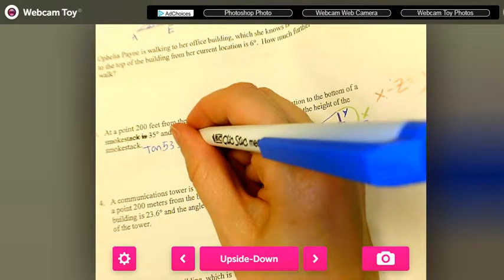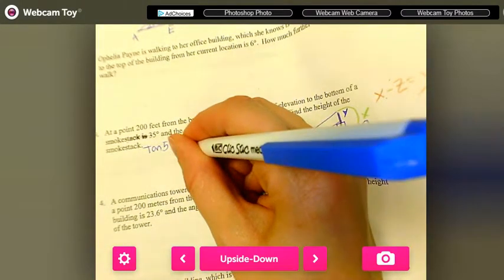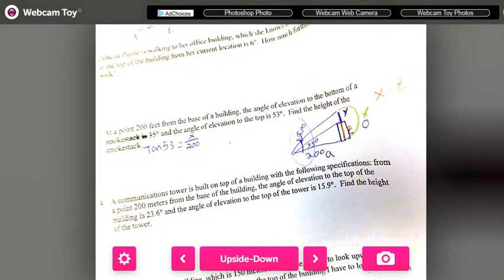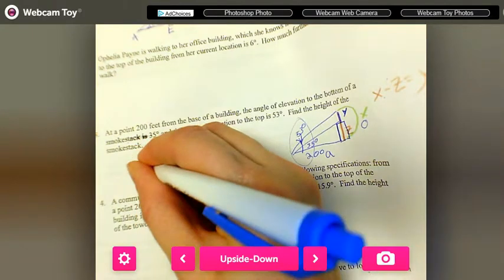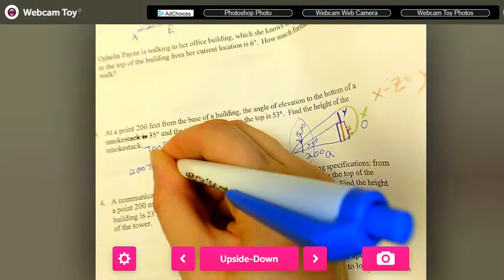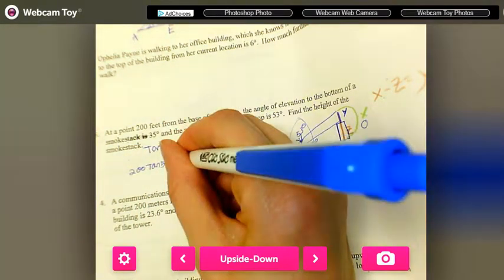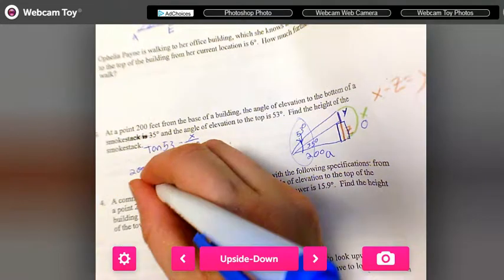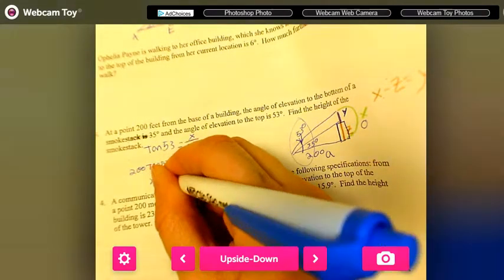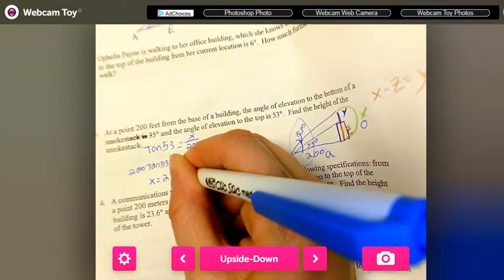So that's x over 200. So I'm going to end up with 200 tan 53 equals x. So far, so good? And so x is going to equal 265.4 feet.